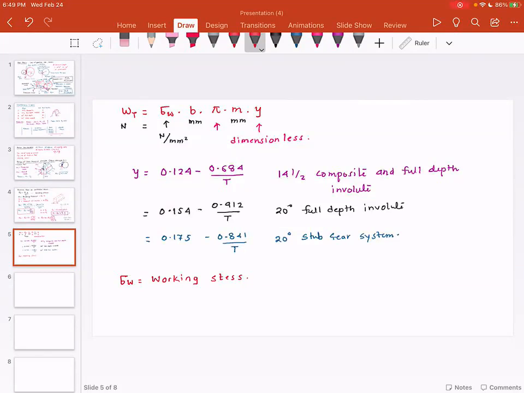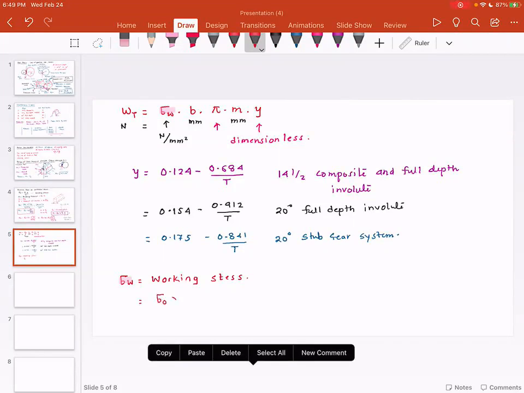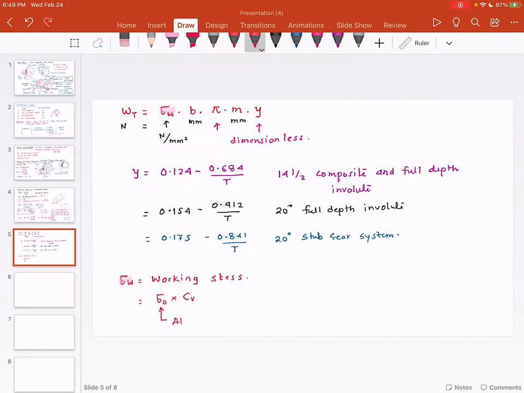So clearly the working stress for the gear that is rotating at slow speed will be different than the working stress for the gear that is rotating at high speed. So this working stress, sigma W, that is used in this equation is dependent on the velocity. So this is given as sigma O multiplied by Cv, where sigma O is the allowable static stress.